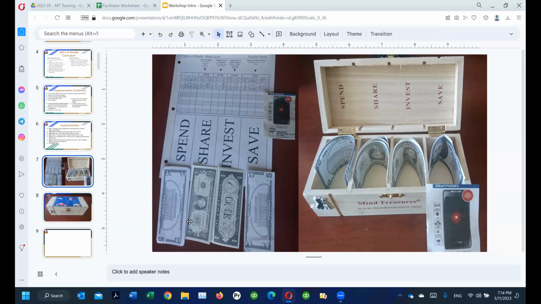Every week, when we do the lesson plan, we talk about the character trait. We have videos that we watch, and then at the end, they receive their allowance. We usually give them $20 here, and they learn how to keep track of their allowance and how they split it between the 4 different boxes. This is how we teach budgeting to even a student age 8 or grade 3. So that's how we've been doing the program.